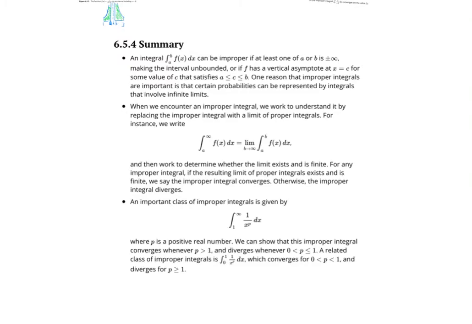The other is if you have a vertical asymptote in the interval you're integrating over, or possibly at one of the endpoints. And why do we care about improper integrals? The example we talked about with call wait time and the light bulb example at the very beginning of the section, it's allowing us to calculate certain probabilities that involve infinite limits.